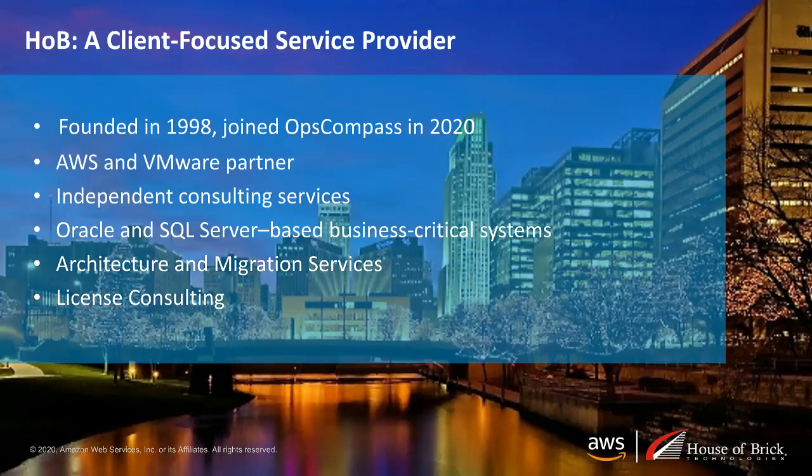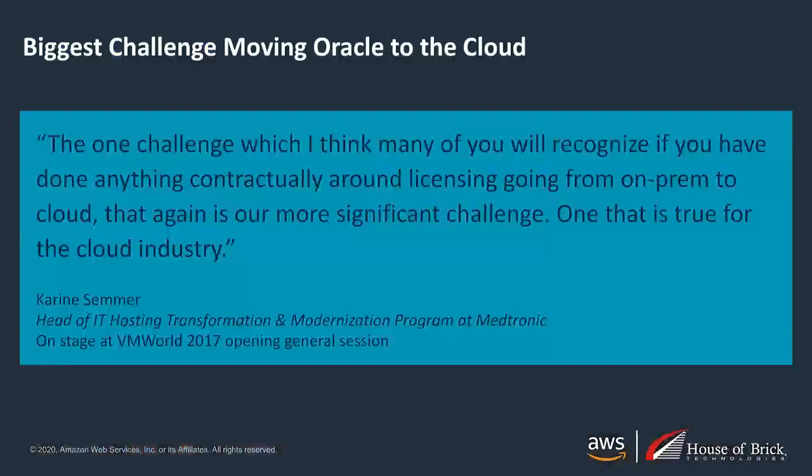Architecture services, migration services, license services. We have a whole portfolio of services around helping people move their business-critical applications to the places they need them to be. And of course, in the last few years, that has really focused on helping people move their solutions into the cloud, an area in which we have quite a bit of experience.